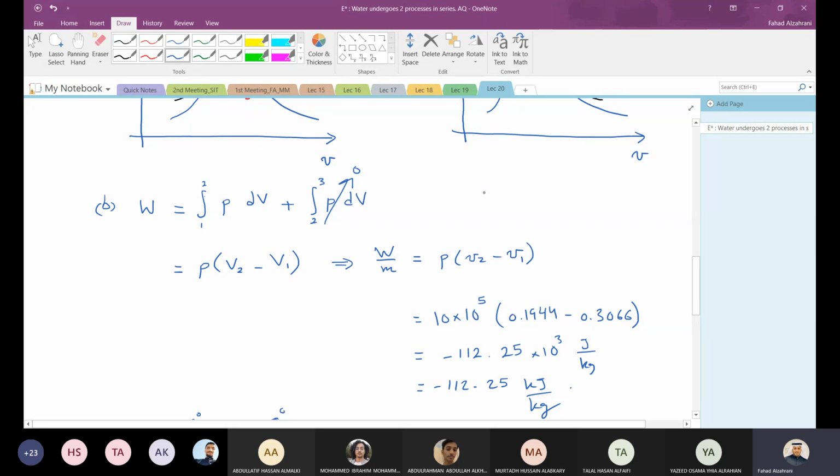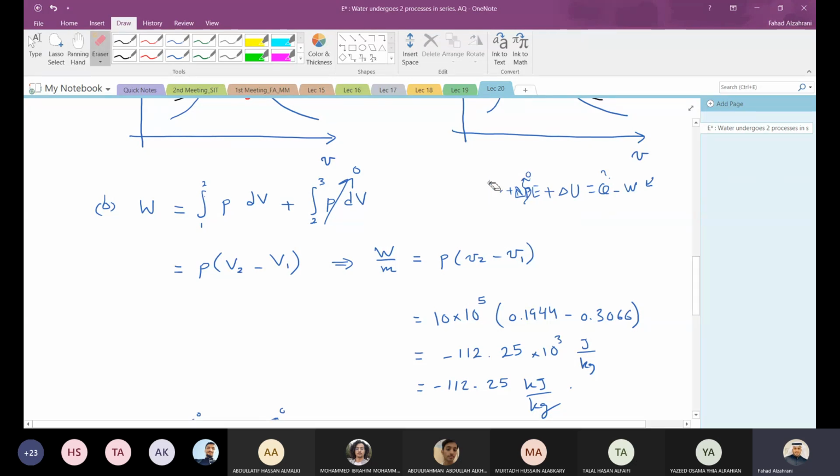We know the first law is change in kinetic energy, change in potential energy, change in internal energy equal Q minus W. So now I evaluated W here, so I need Q. What are the values here? Zeros. So we can neglect potential and kinetic, since there is no information, and most likely they are negligible. So you have the change in internal energy, right?